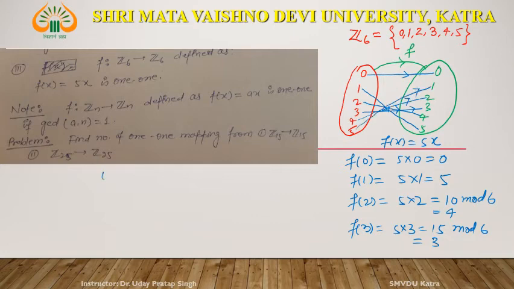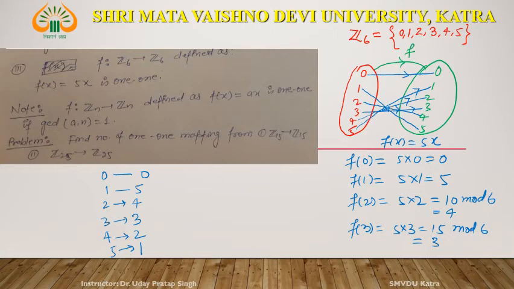Note that 0 related to 0, 1 related to 5, 2 related to 4, 3 related to 3, 4 related to 2 and 5 related to 1, right?